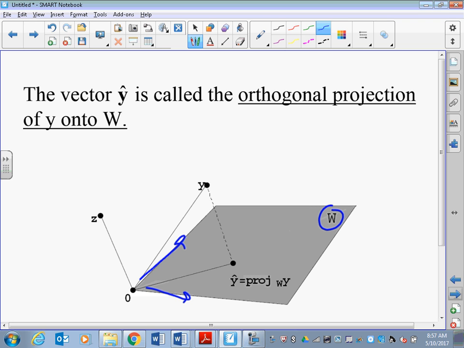And we're finding that orthogonal projection, which is going to be the least squares. We're going to use that later for the least squares solution, like the closest point. So we have a vector y that is not in W. How can we make this closest vector that's going to project down onto that plane?